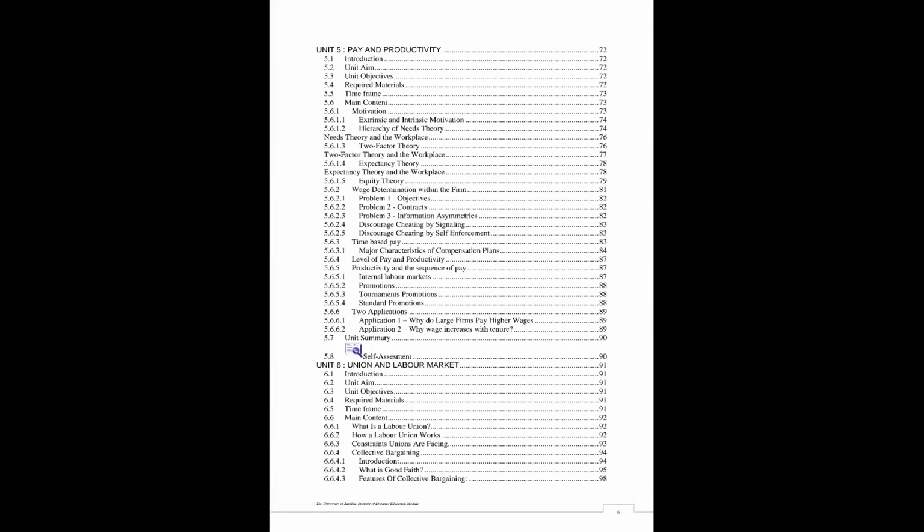That is the 4th unit, and we'll look at the idea behind what you pay people, the impact of what you pay on productivity. That's pay and productivity. We'll look at unions and labor markets and what they really do. And finally, we'll look at unemployment. So that's a general scope of labor economics.